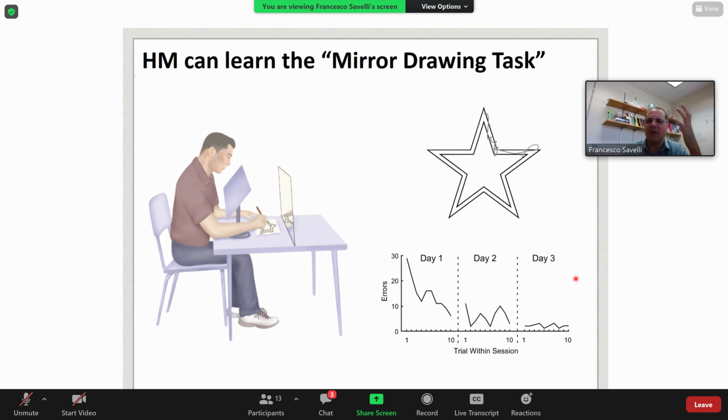So it's not like every form of memory or learning was affected, just this episodic memory. So for example, he might not remember he had done the task the day before, but when he would sit down doing it, he was better at it.